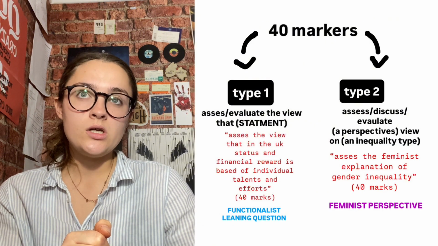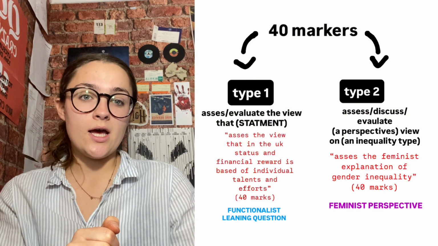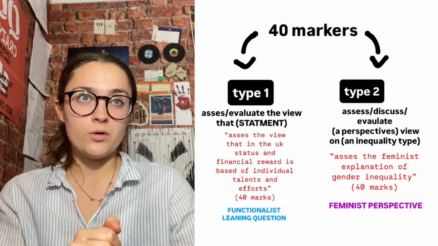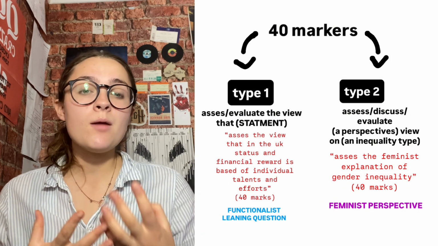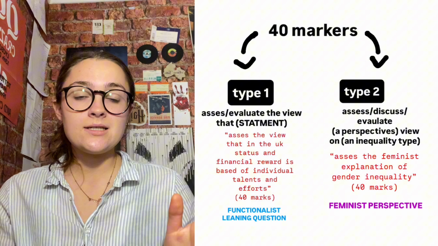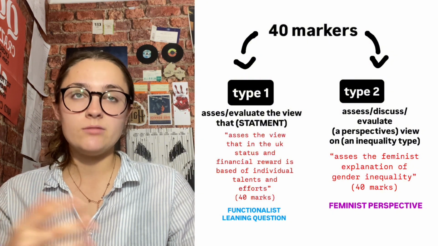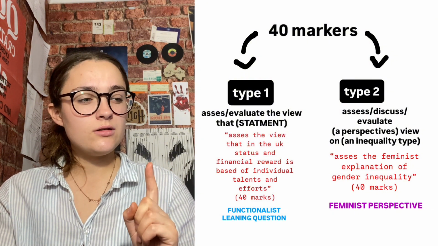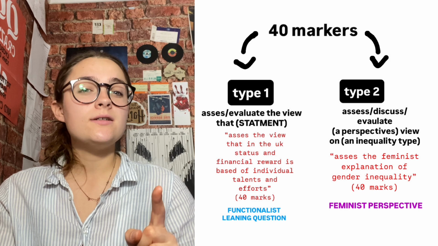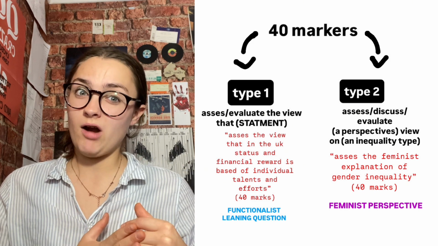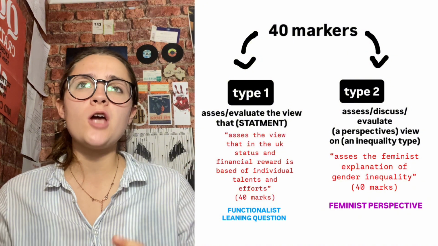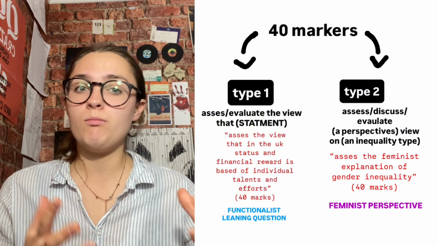For example, assess the view that in the UK, status and financial reward is based on individual talents and efforts. So that's a statement. Type 1 gives you a statement. That statement is a functionalist statement. But important thing to note there, you could work that statement to be New Right as well. So Type 1 is a broader question. It's giving you more options.